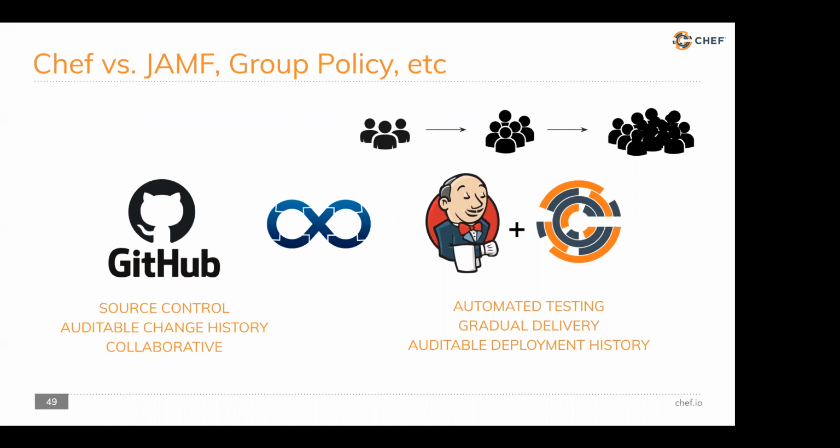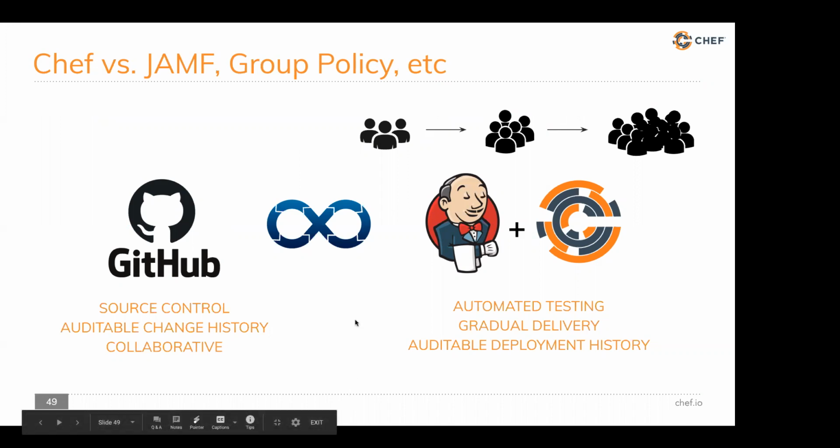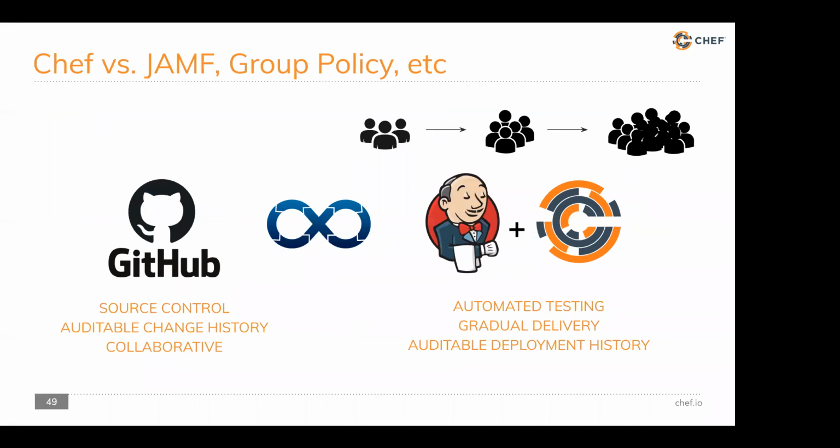All of the people that work on Chef, if they're doing it correctly, use things like GitHub or any sort of source control provider to allow them to iterate on their cookbooks or InSpec profiles in a collaborative way. So that means using branches, pull requests, having a history through commits of every change.